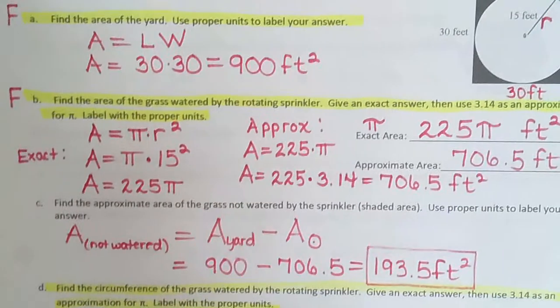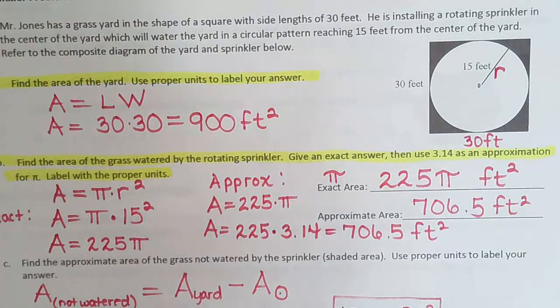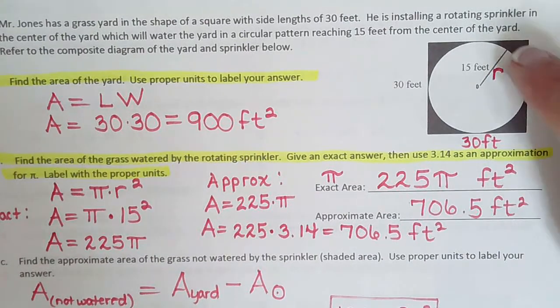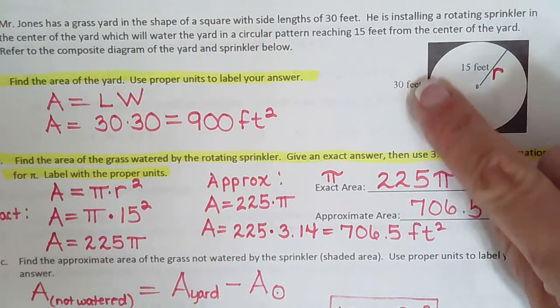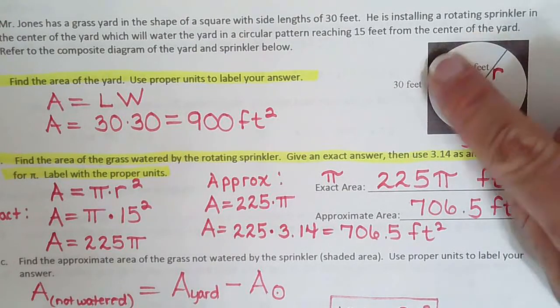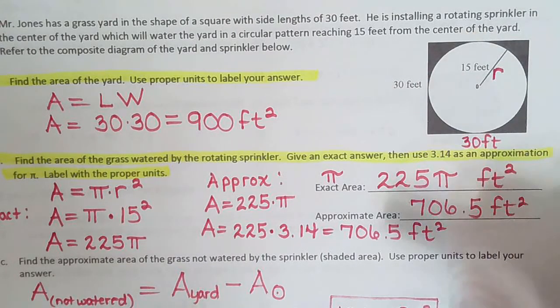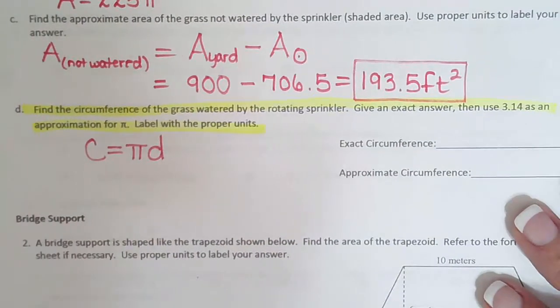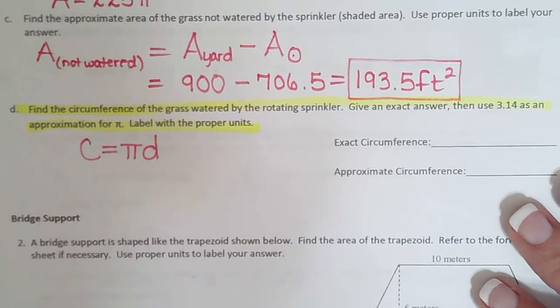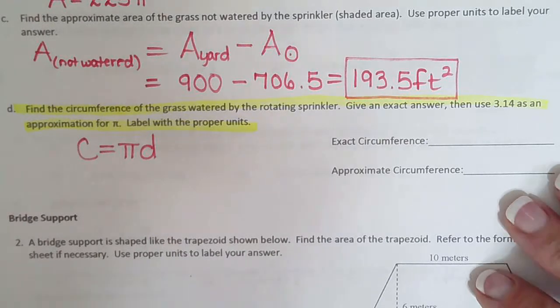So this one wants to know, find the circumference of the grass watered by the sprinkler. So does everybody agree circumference is the distance around the outside? So we want to know the circumference of the circle. So give an exact and an approximation.